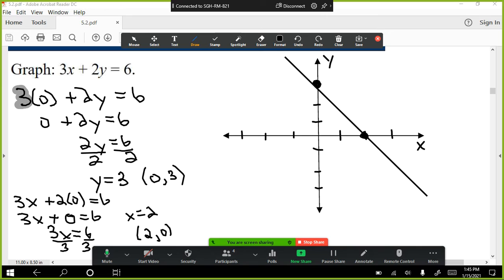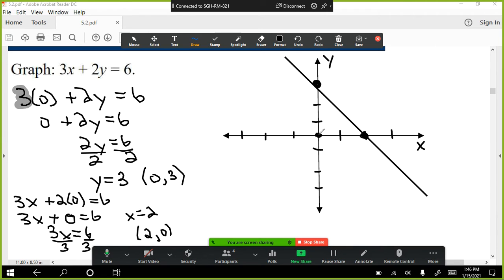Now, this is an easy way to graph a line. It's easiest when it is in that standard form where the x and the y are on one side, right? But the problem comes if the x-intercept and the y-intercept are the point 0, 0.